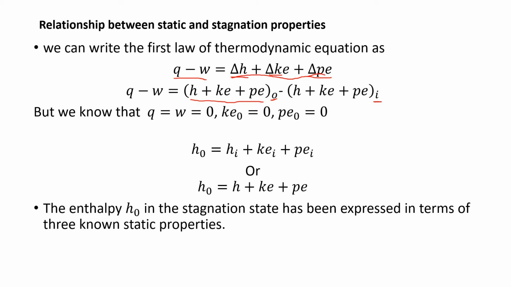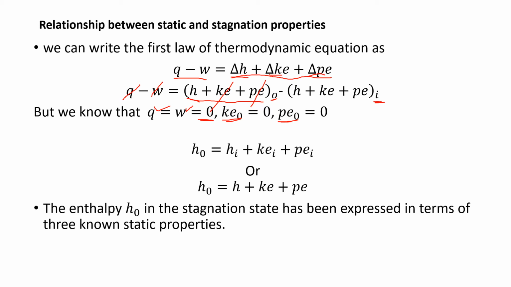We know that Q and W, heat transfer and work transfer, are equal to 0, and kinetic energy and potential energy in the stagnation state are 0. So if you cancel out, what remains is H naught minus H plus KE plus PE for the static state.